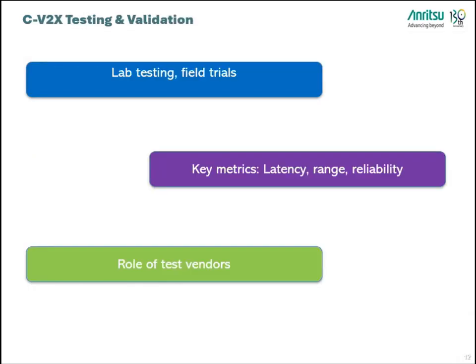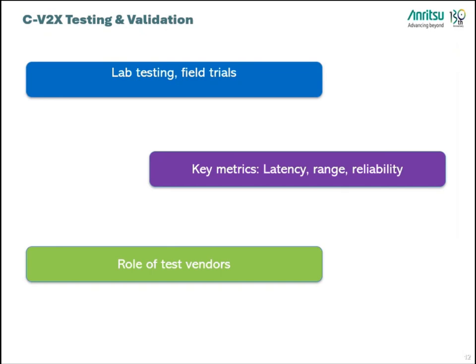To overcome these challenges, yes, we need to do lab testing. Rigorous lab testing has to be done for each and every module. After we have done the rigorous lab testing, this has to be deployed in the field and tested. So the key features to be tested are the latency, how fast we can transmit the data and how fast we receive the data. The range, obviously, is crucial, how far we can reach and how fast we can reach.